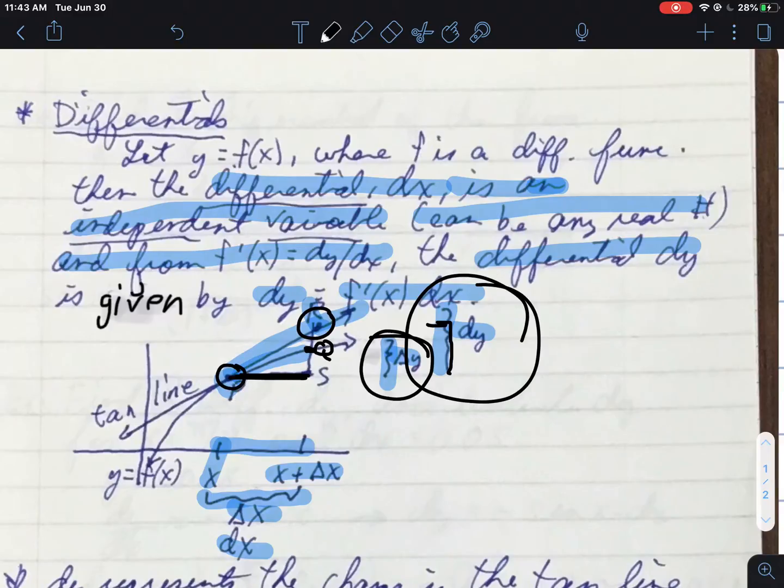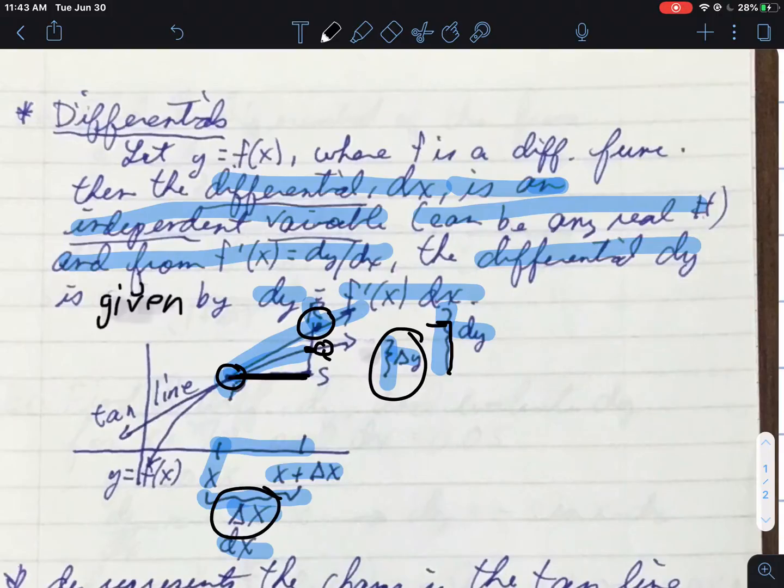Right? Now again, that may seem a little bit confusing or complicated when you first look at it, but the basic idea here is, look, the delta notation with the triangle, that's the notation we use when we're actually talking about exact values.